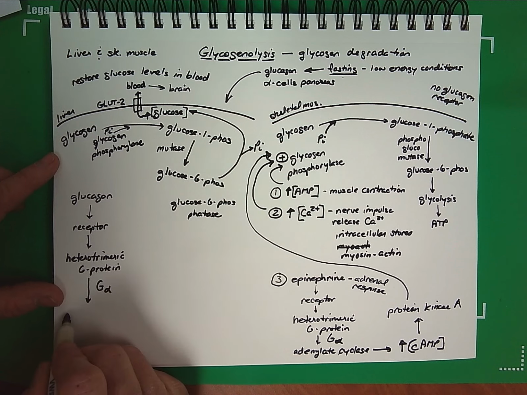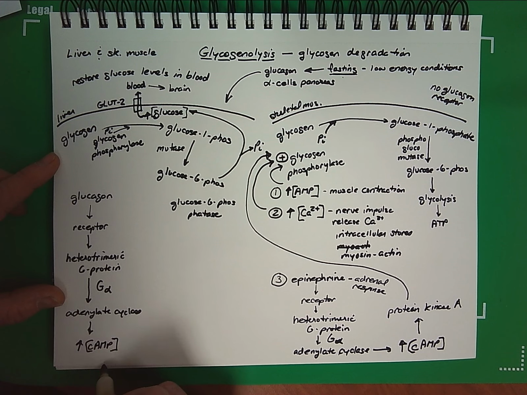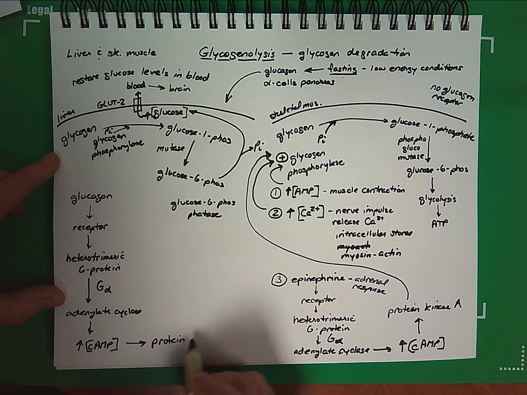The G alpha subunit then activates adenylate cyclase. Adenylate cyclase increases the concentration of cyclic AMP, and cyclic AMP then activates protein kinase A.